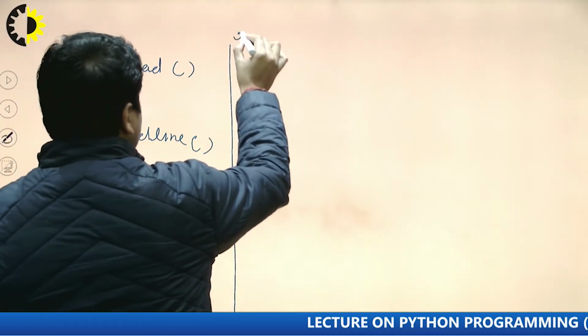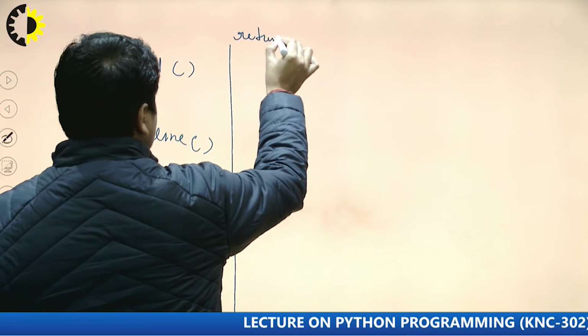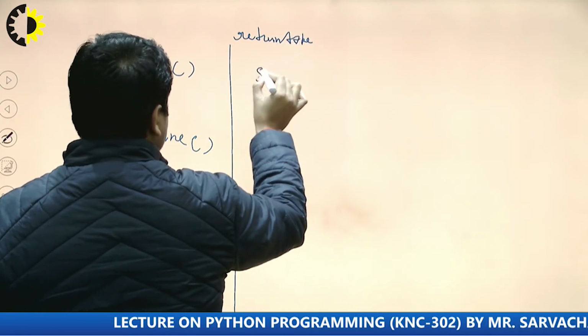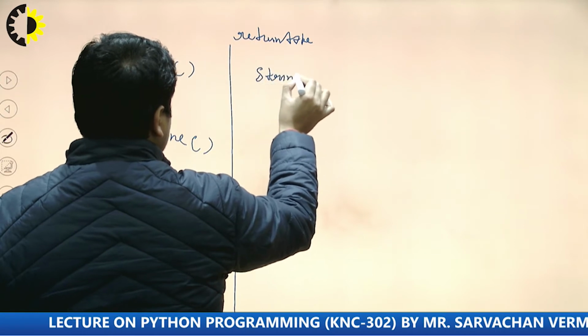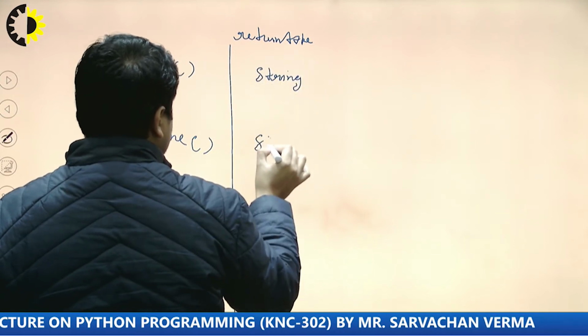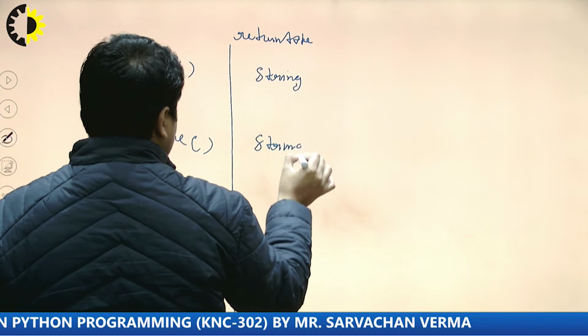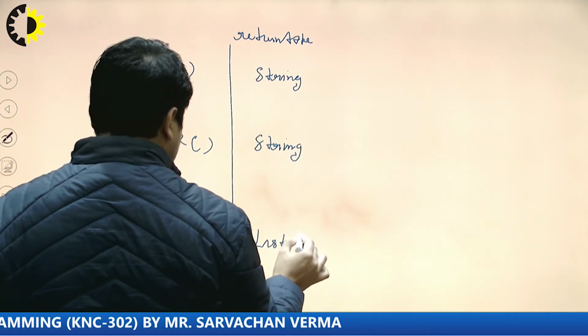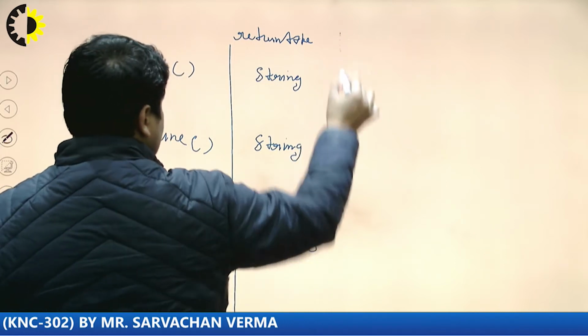What is the return type? Return type of the read function is string. Return type of the readline function is string. And the readlines function returns a list.